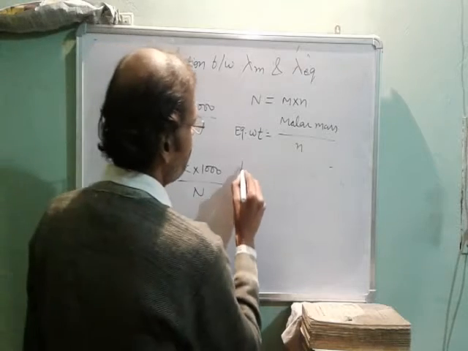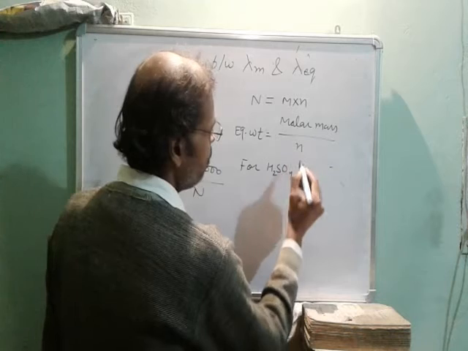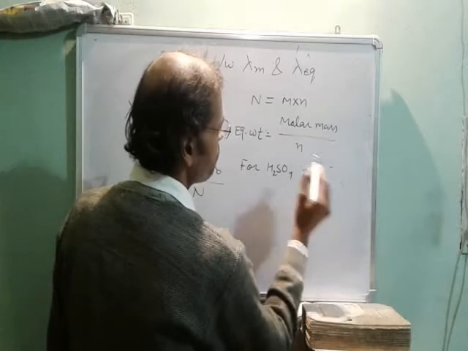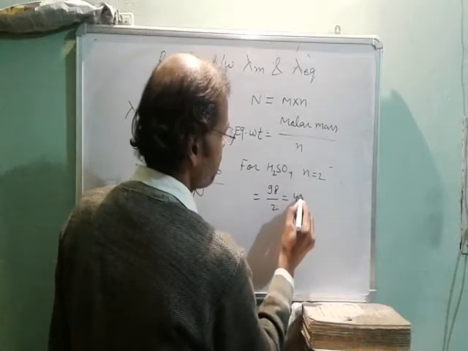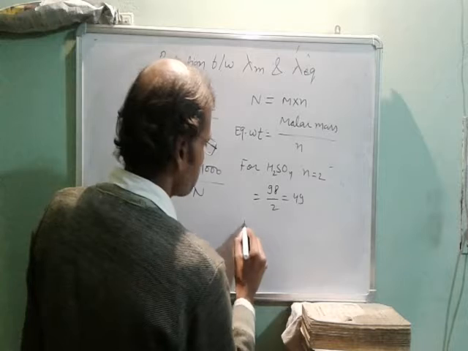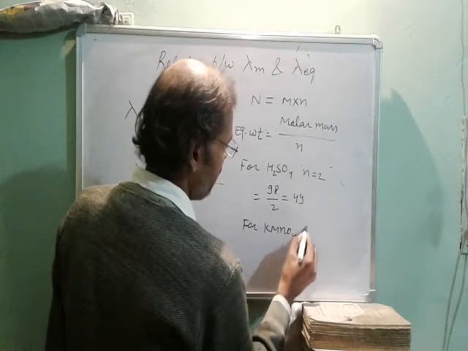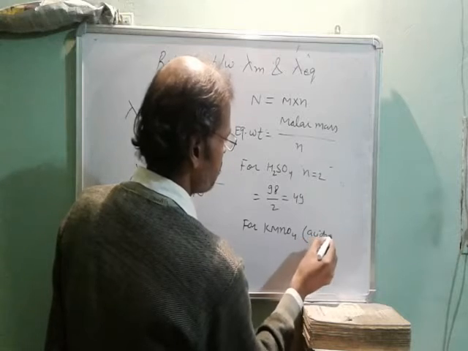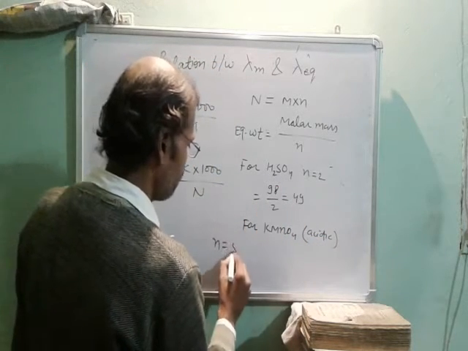For H2SO4, the value of n is 2, means 98 by 2 is equal to 49. For KMnO4 in acidic medium, the value of n is 5.